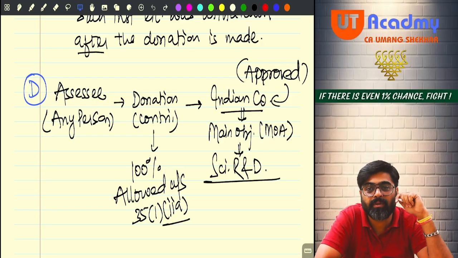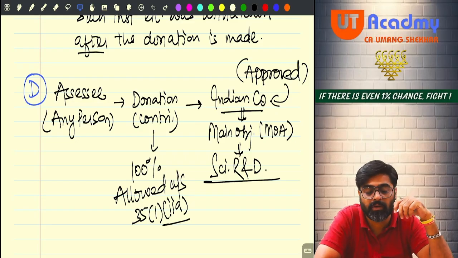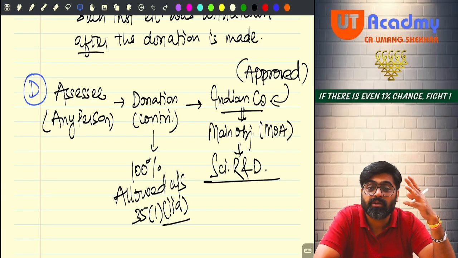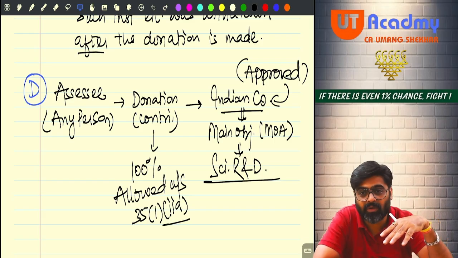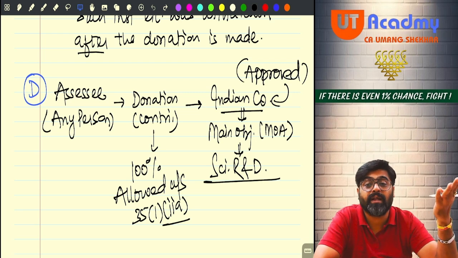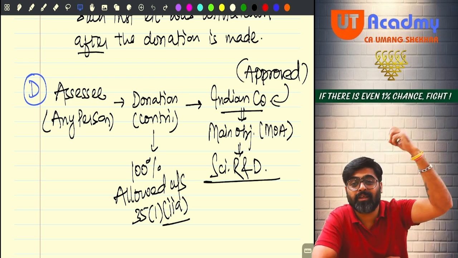And why will the government be doing this? Because private companies must be formed to do such types of research. We are heavily relying on research from outside India. Whatever scientific research we are using in India is not indigenous; that is imported.